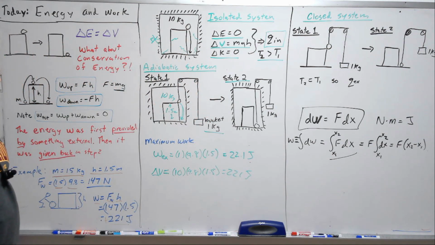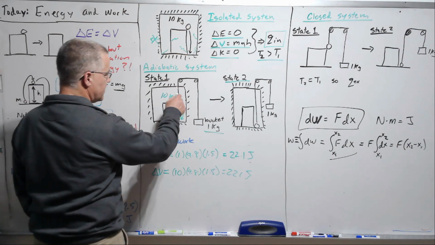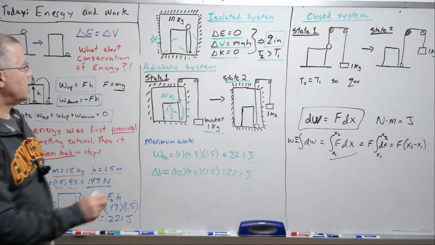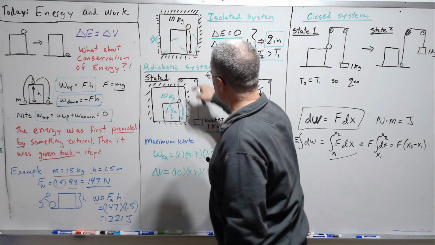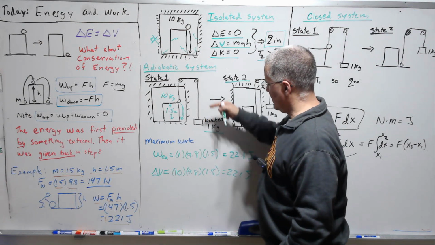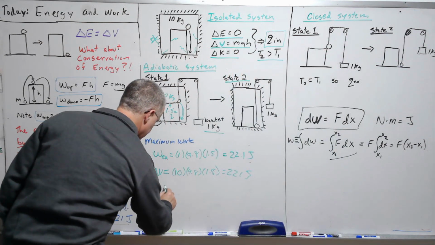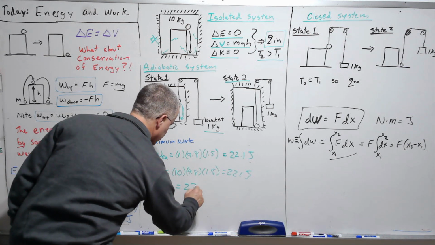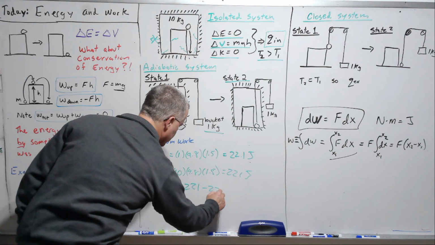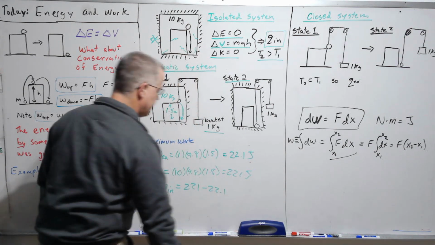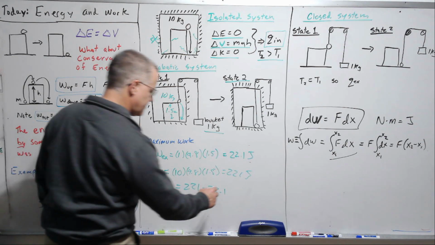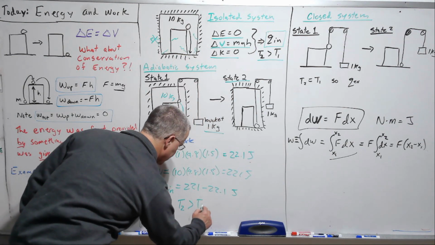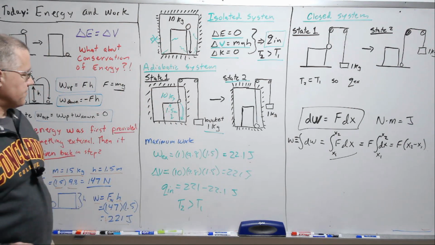And what's the difference here? The difference is this is heat that went into this system. Just like up here, this is like falling and raising no bucket at all. So the heat internal to the system is going to be 221 minus 22.1 joules. So our temperature after is going to be greater than our temperature before.